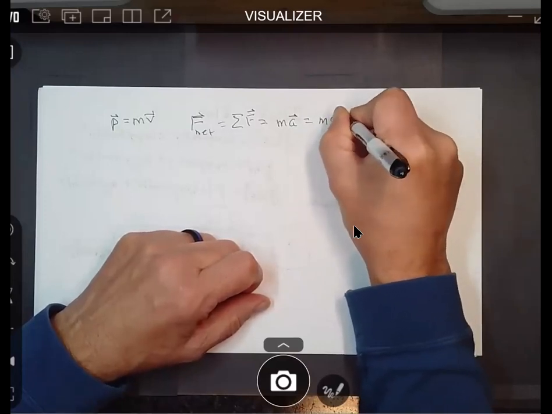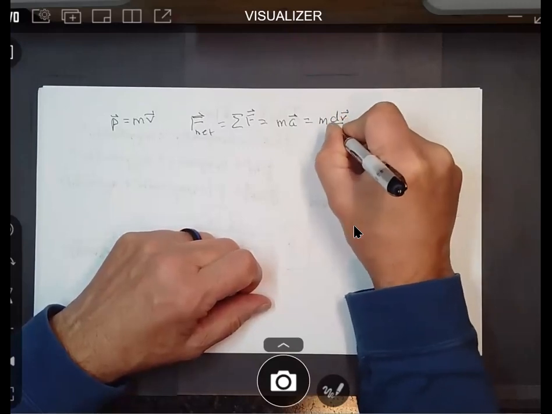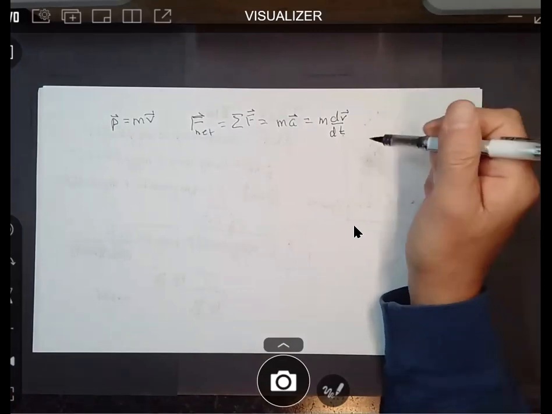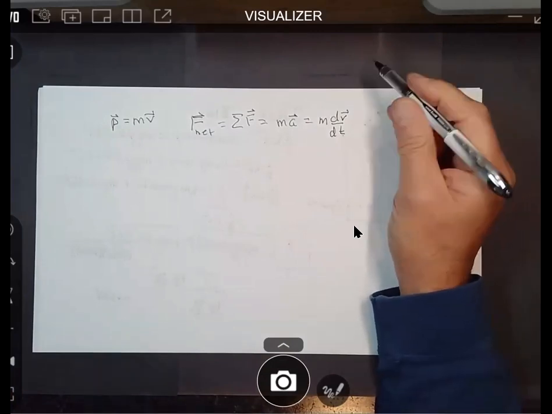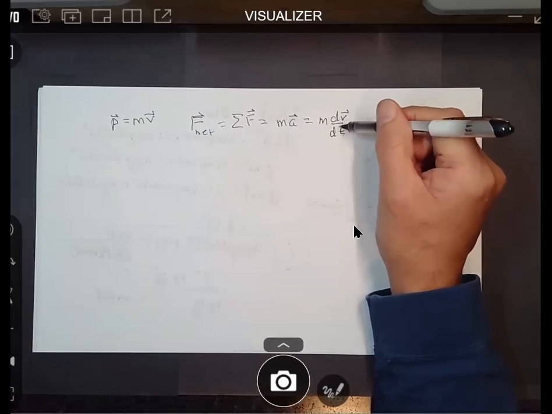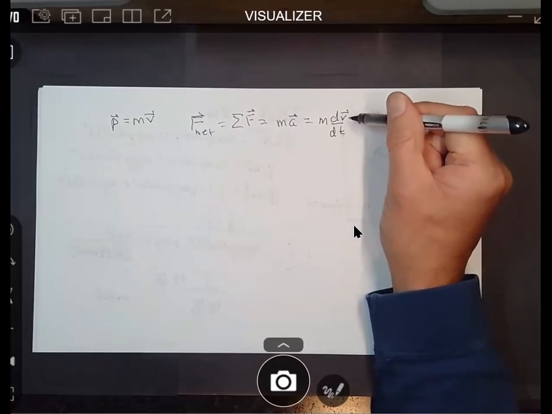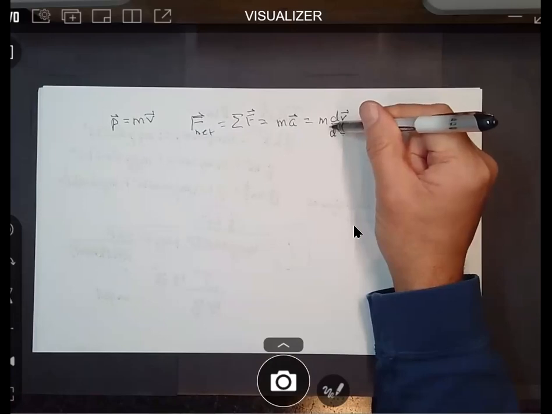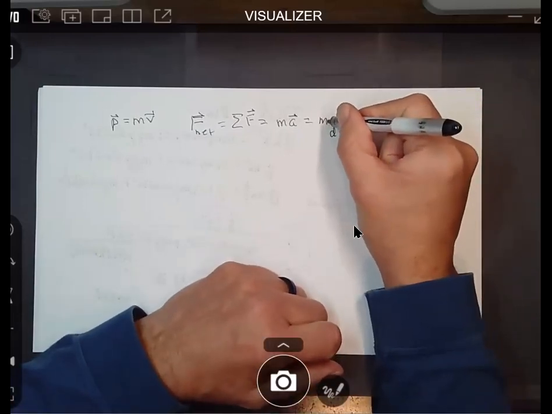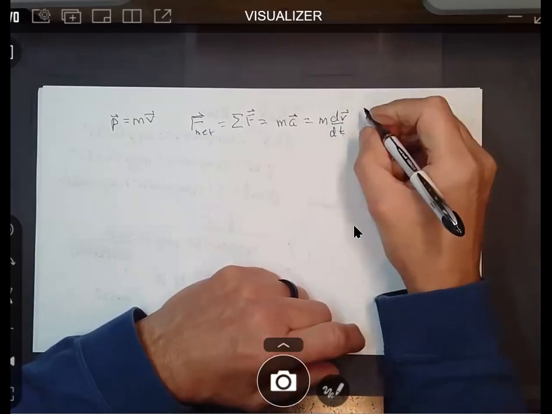So I can replace that with this. And something you may have learned in first quarter calculus is that if you have a constant inside of a derivative multiplying something, it can be pulled outside of the derivative. Well, if you have a constant outside the derivative, you can bring it inside the derivative.